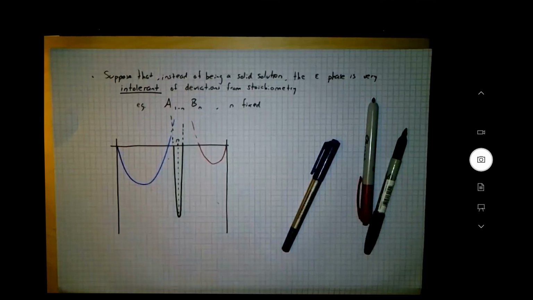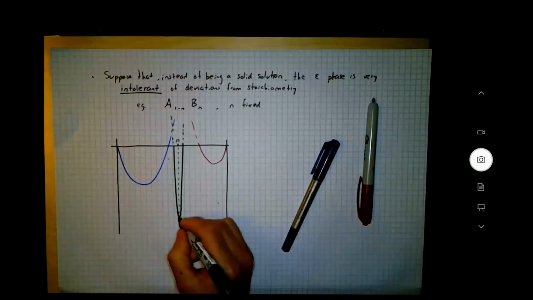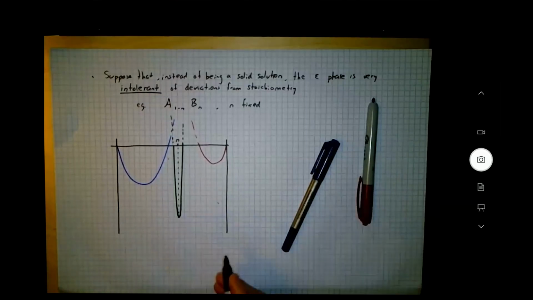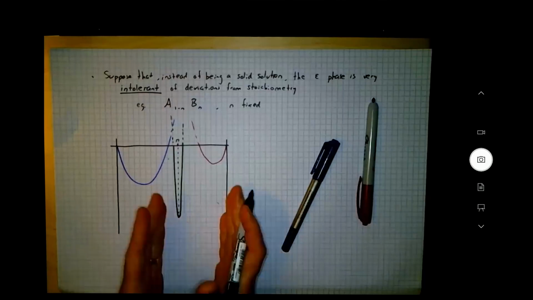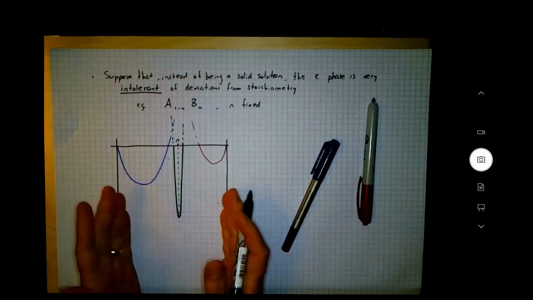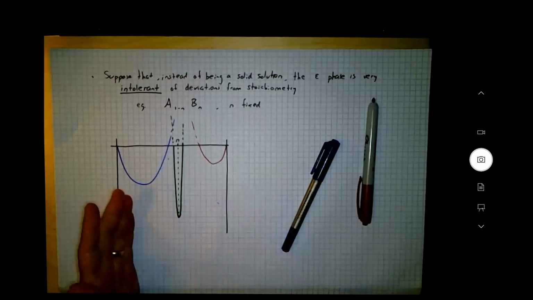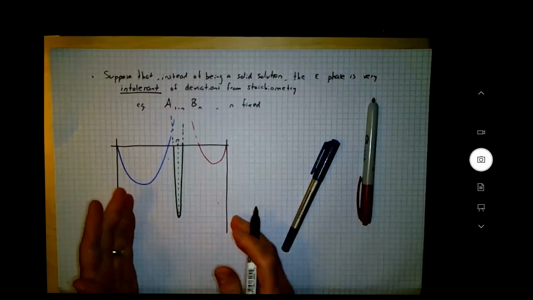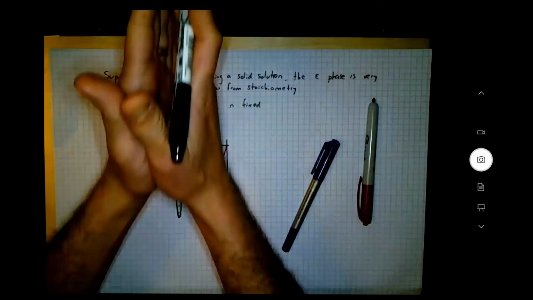So there's a minimum to this curve, the composition at which we find this material in nature. But as soon as we deviate from that composition a little to the right or a little to the left, we have to pay a huge energy cost. You imagine this curve collapsing into almost the shape of a pin.